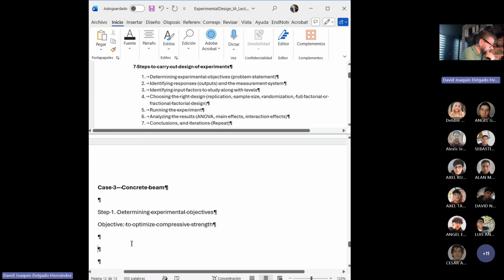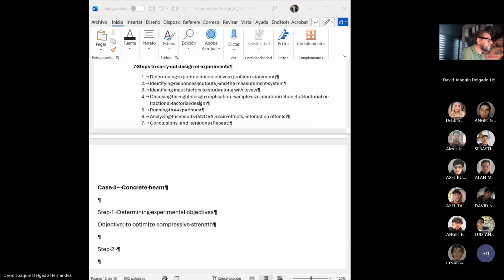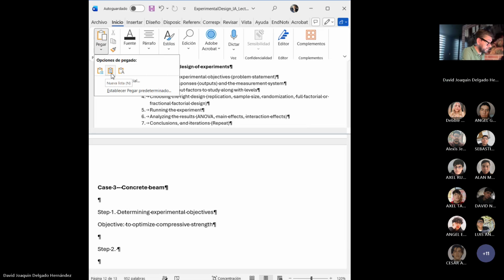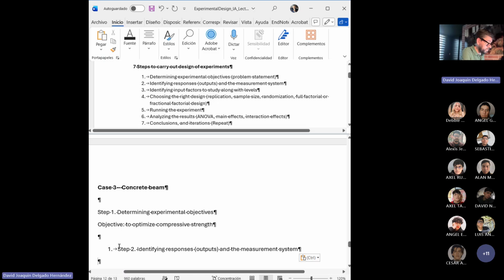Okay, step number two. Step two, identifying the outputs and the measurement system. So control copy, control paste. So let me put here paste. Step number two.